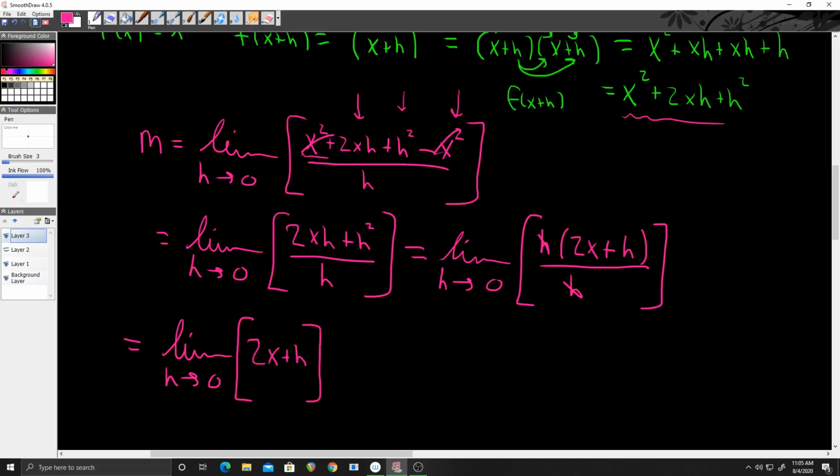Now notice there's no h in the denominator. Let me say one more thing. There's no h in the denominator, and these functions are continuous. 2x is continuous. H by itself is continuous. So to find this limit, we can use the continuous function limit theorem.